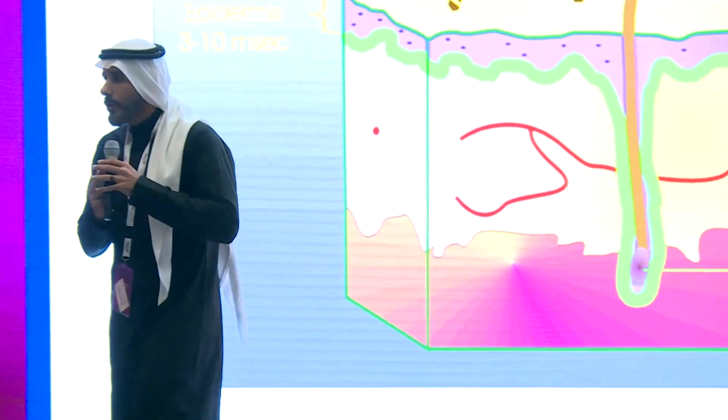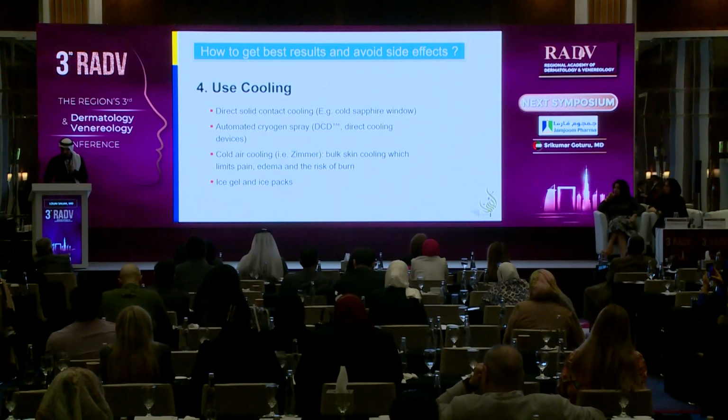For example, if you're going to do Nd:YAG, the safest pulse duration would be around 35 milliseconds. If you use shorter than that, you have a higher chance of affecting the small melanosomes and causing pigmentary hypo- and hyperpigmentation.